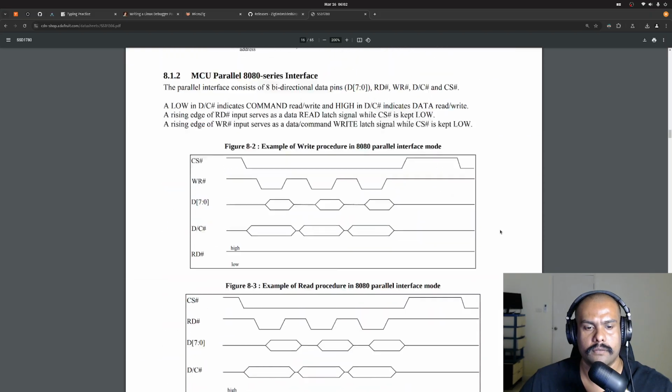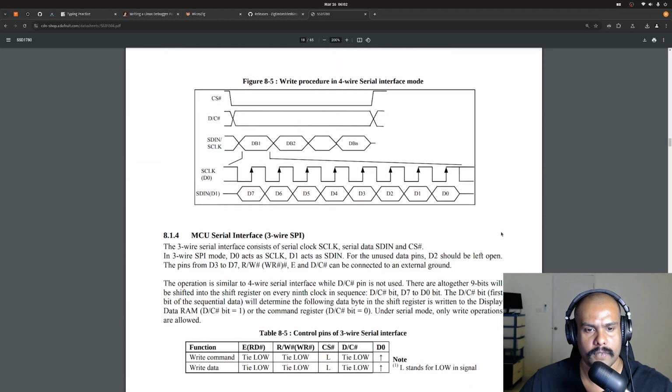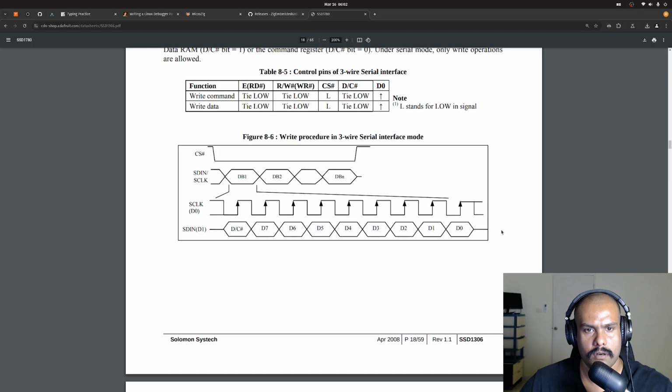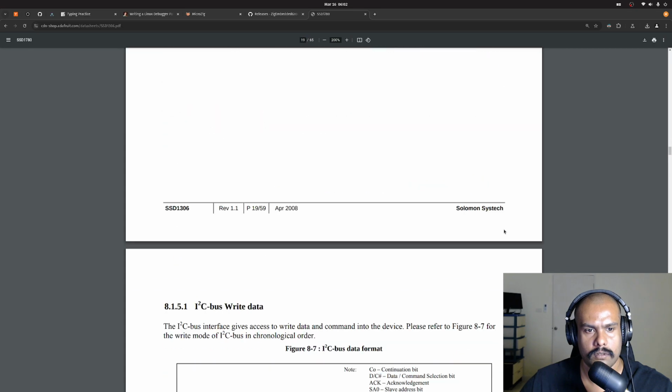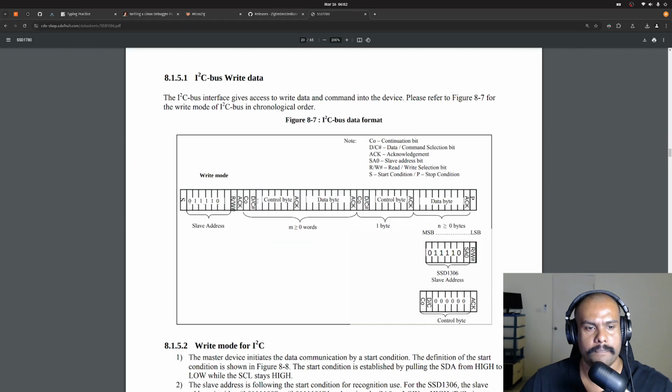Oh no, this is the wrong one. Too far. Well, here. So this is the address for the SSD1306.